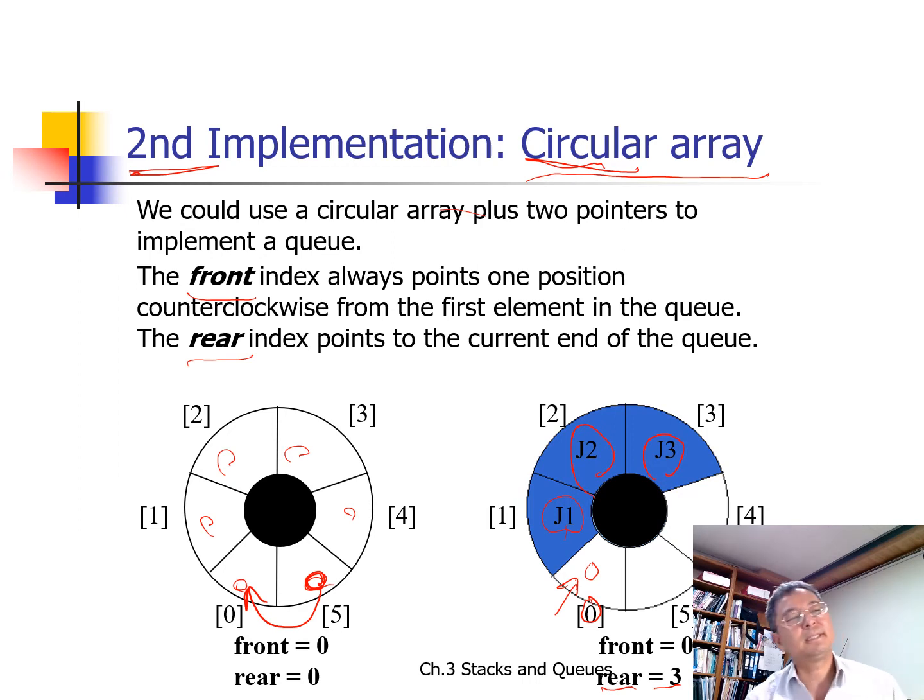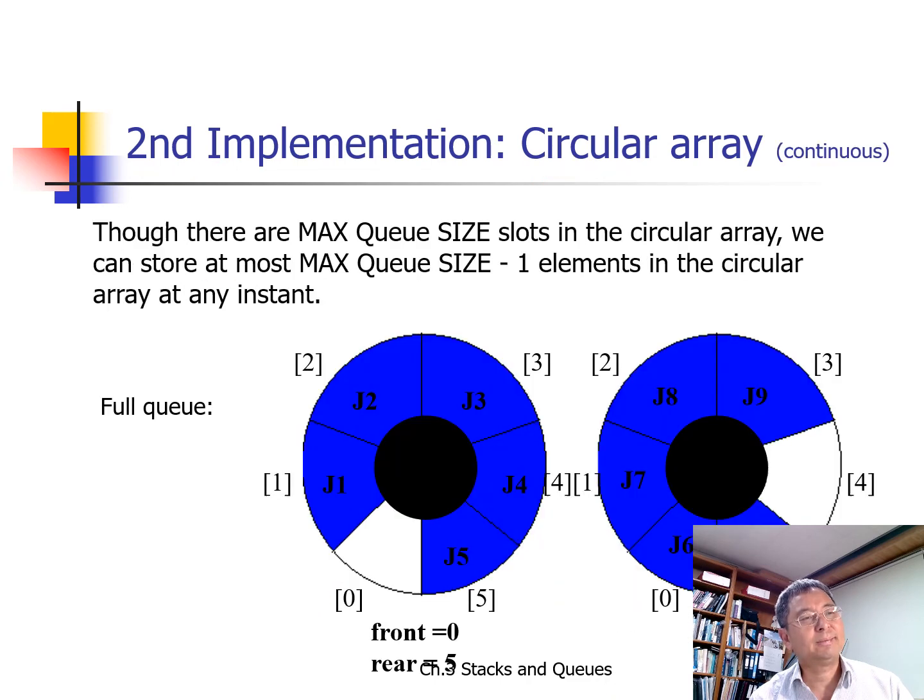Okay, this is a circular array, and if it arrives at the max queue size, then it will go to 0 again.